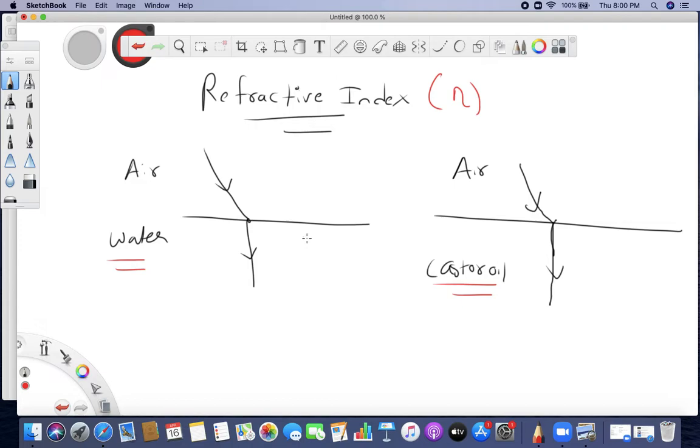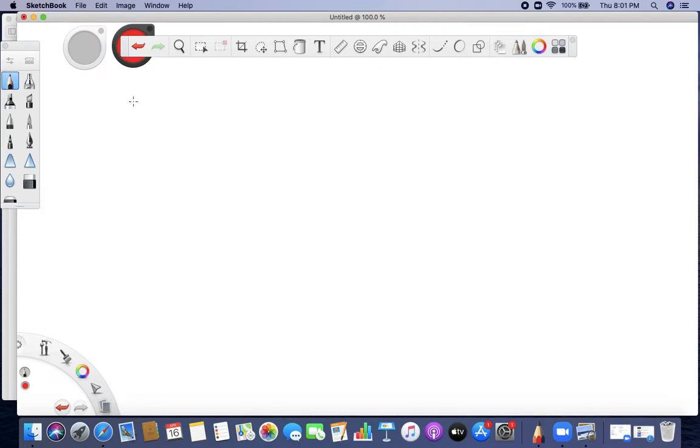Ultimately my question to you is, if refractive index depends upon density, does it depend upon velocity? What exactly does it tell you?